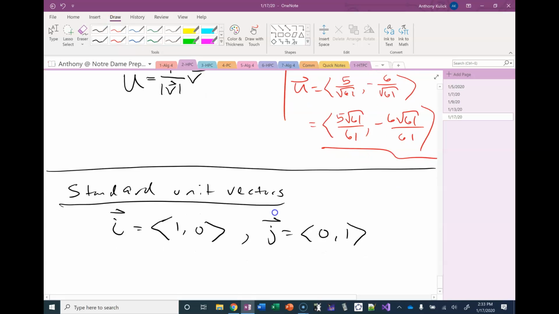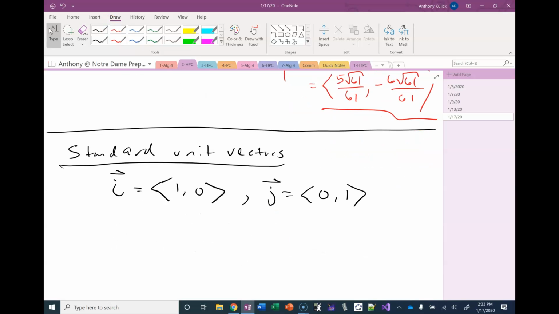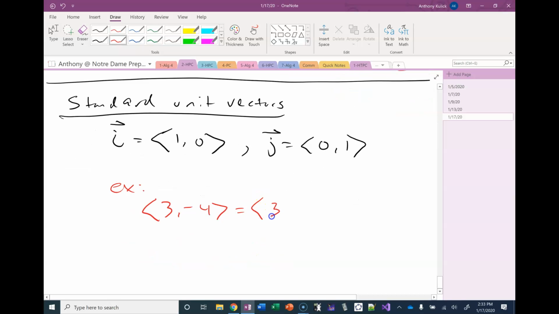What's lovely about them is it allows us to rewrite any vector as the sum of two vectors very easily, specifically the sum of these two unit vectors. So for example, if I have the vector 3, negative 4, I can rewrite this as 3, 0 plus 0, negative 4. Anybody agree with that? That should be obvious, right? Goes without saying.